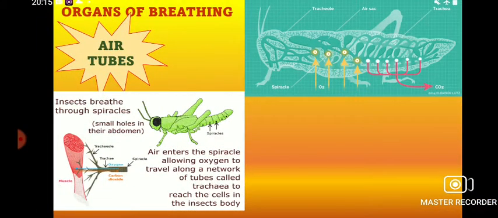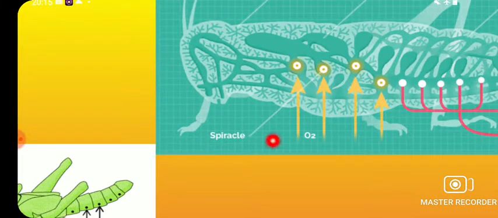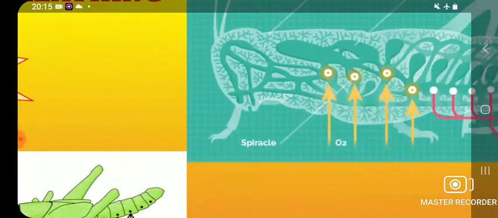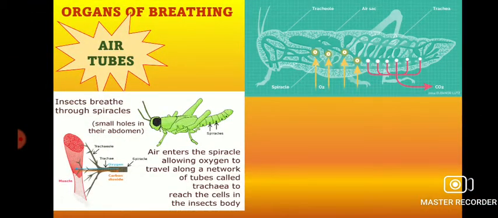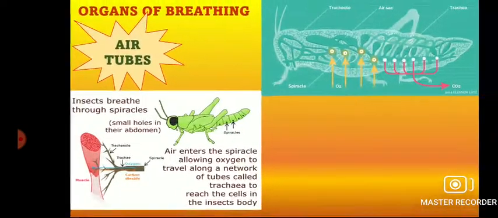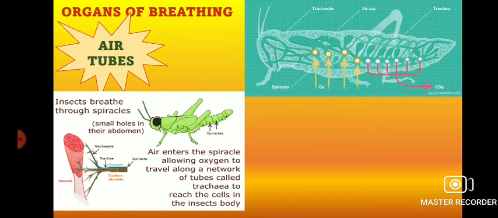But in the case of insects, oxygen enters through these holes of the spiracles and carbon dioxide is exhaled through them. After the oxygen enters through the spiracles this way, again I am showing it to you, it moves into the cells, and from the cells carbon dioxide comes through this way and goes out of the body through all these holes.